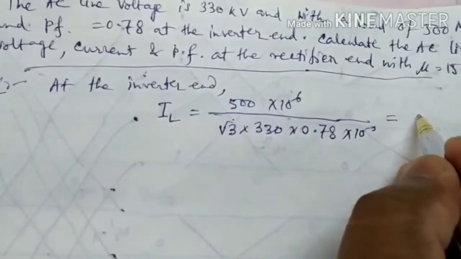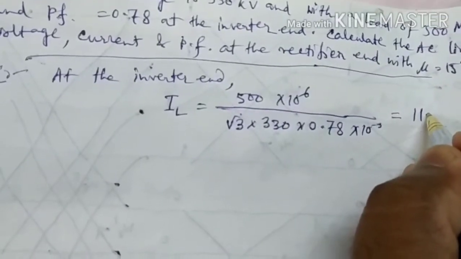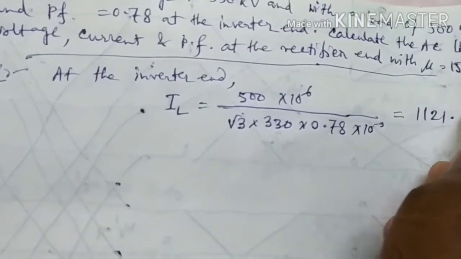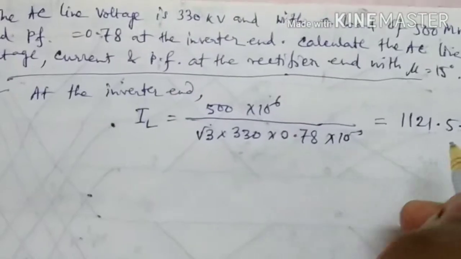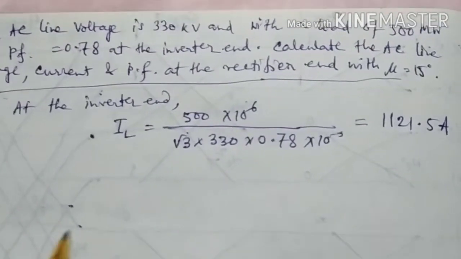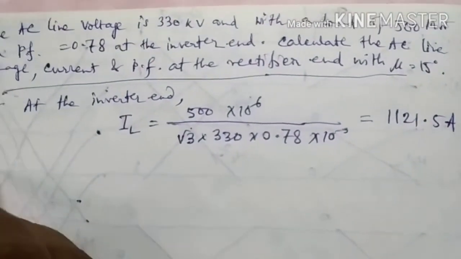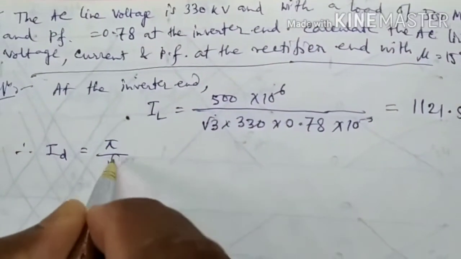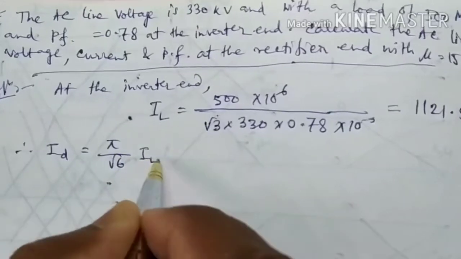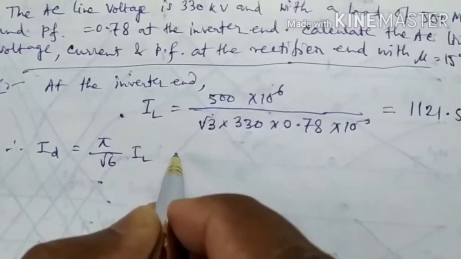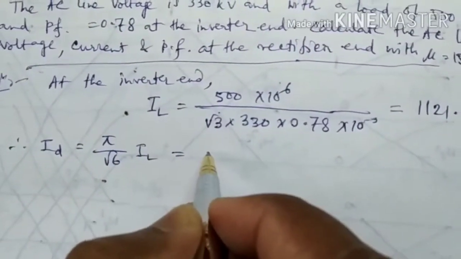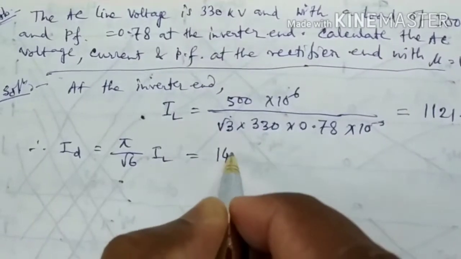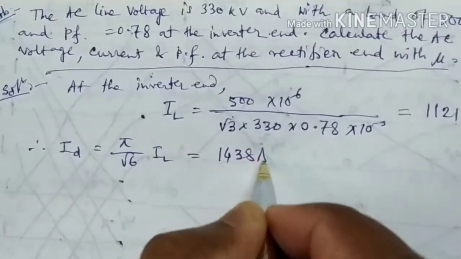So that will be 1121.5 ampere. So the ID will be pi by root 6 into IL. So that will be 1438 ampere.